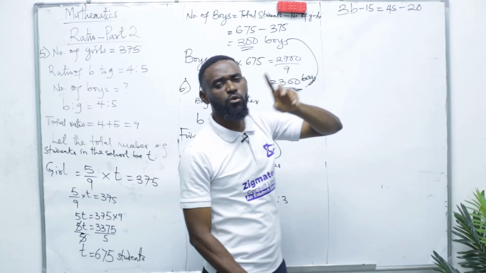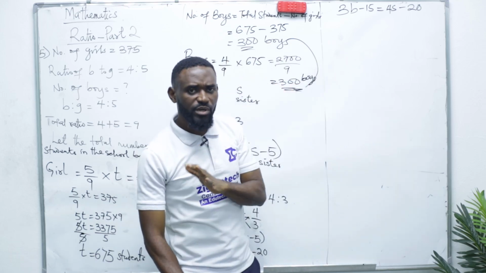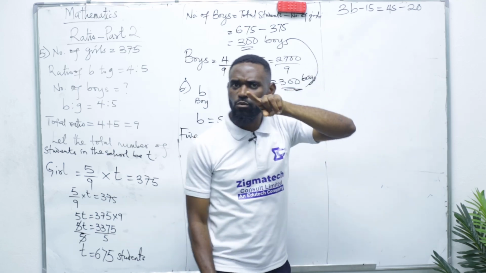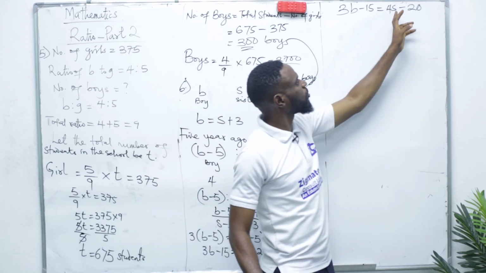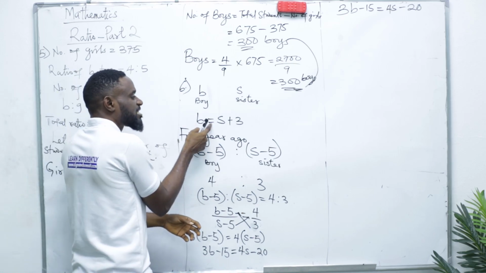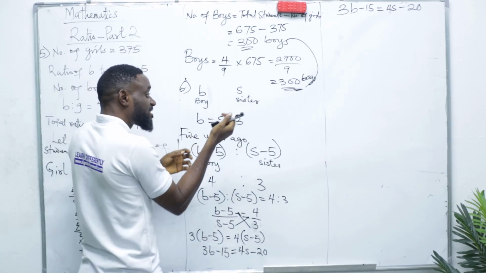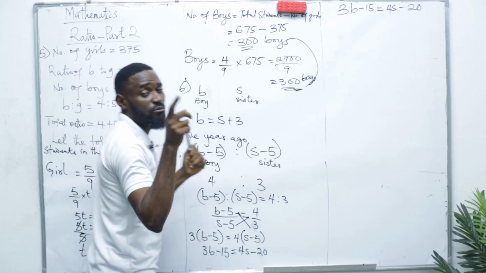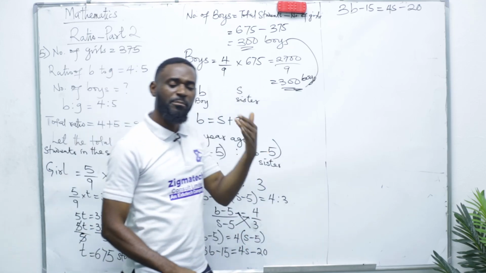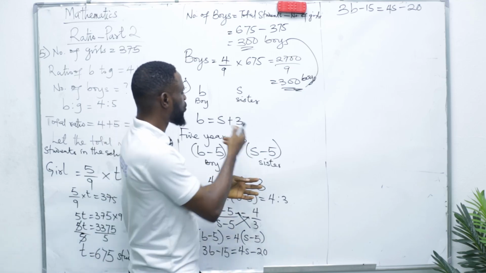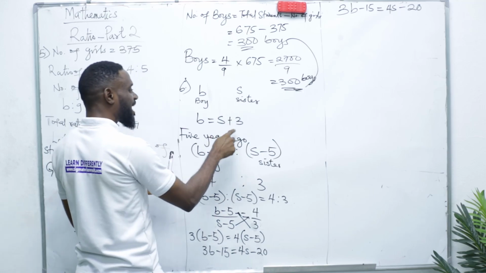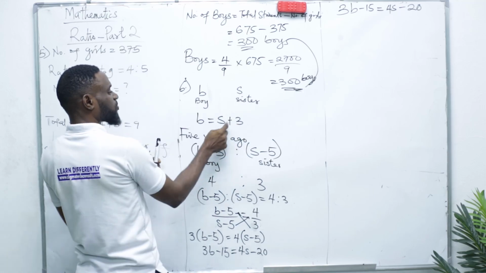It will be very difficult for us to solve because we have 2 variables, 2 unknowns, B and S. So we have to find a way to remove one of them by substituting something. Remember the first equation I gave to you: B is equal to S + 3. It means if we make S subject of the formula here, we've learned how to make subject of formula in this channel, so you can go to that topic. To make S subject of the formula, we do the additive inverse of this 3 so that it moves from here.